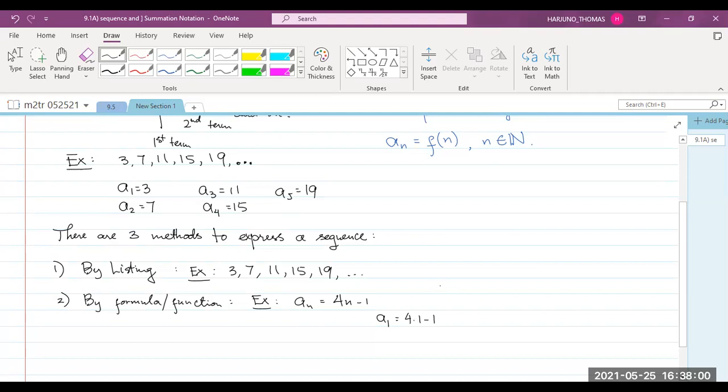Because you basically replace the n by 1, by 2, 3, 4, and on. This equals 3. A sub 2 is 4 times 2 minus 1, that's 7. A sub 3 is 4 times 3 minus 1, that's 11, and on.